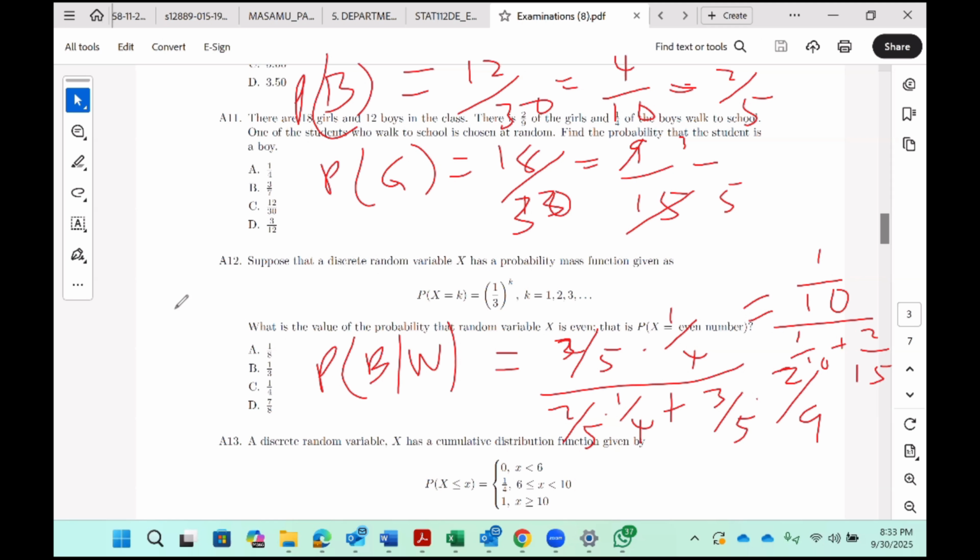So simplify that, 1 over 10 plus 2 over 15, with 1 over 10 as the numerator. Is that what you did and get 3 over 7?